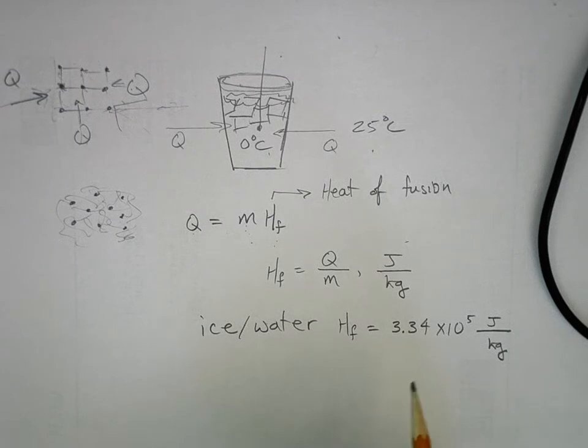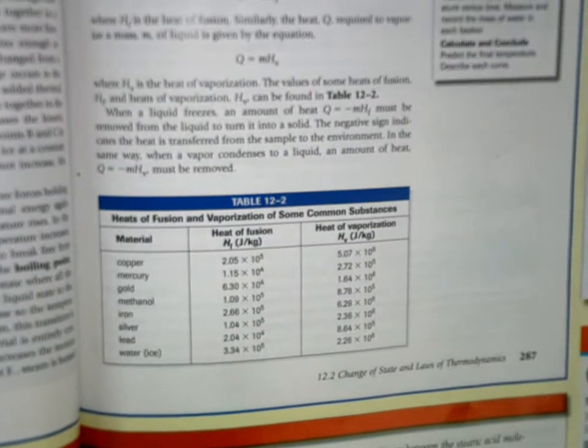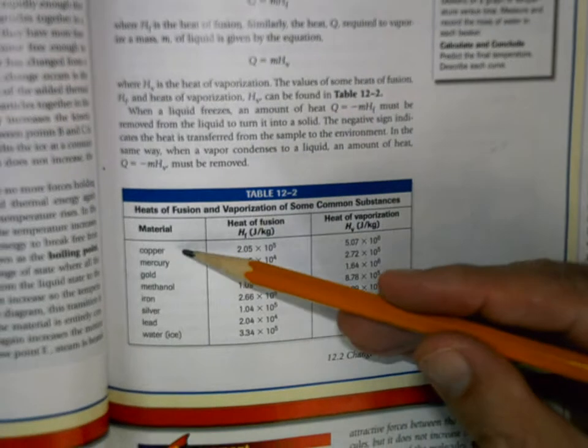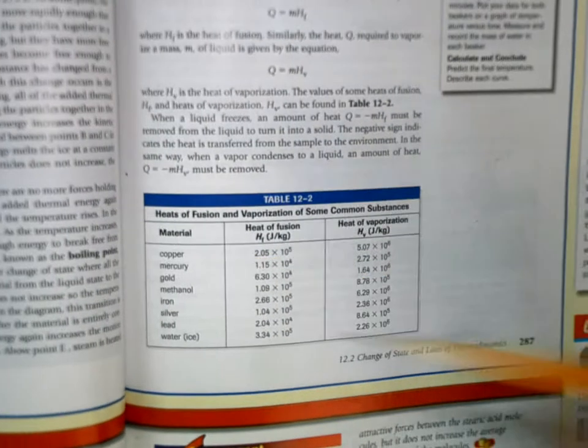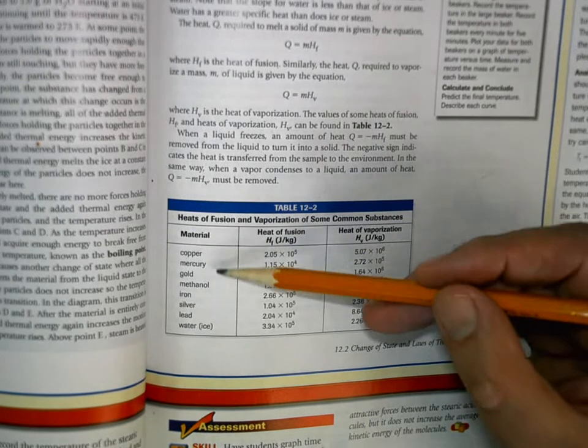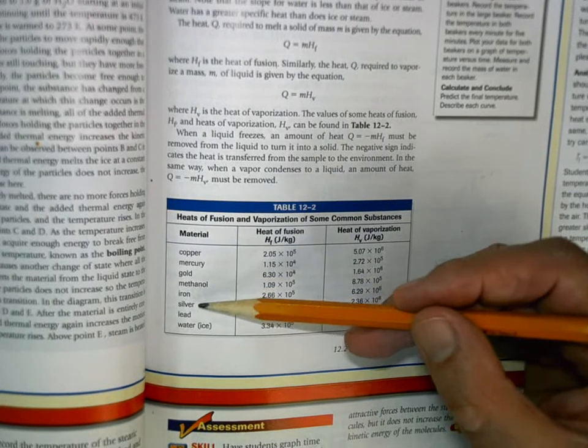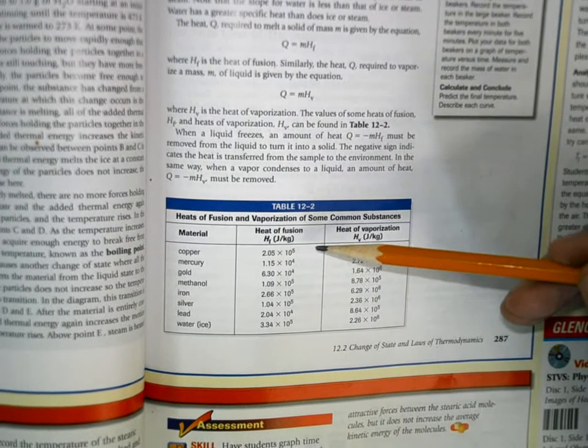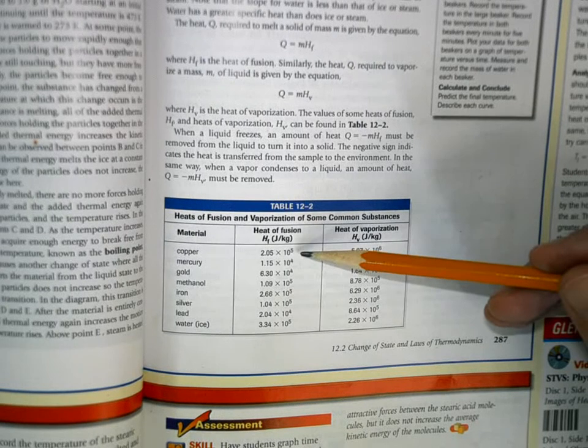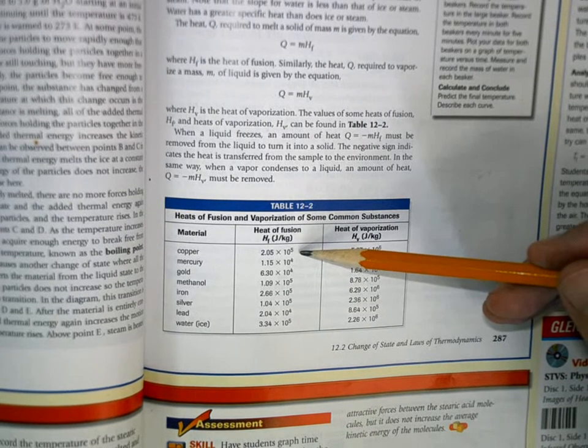Okay, and actually, if you look at all these substances, and I'm not going to zoom back in again, let me just hold the book up. Look at all these substances, and there's more, like aluminum. You could look it up for aluminum. But you have copper, mercury, gold, methanol, iron, silver, lead, and water. And, well, copper's pretty good. 2 times 10 to the 5, it absorbs a lot.